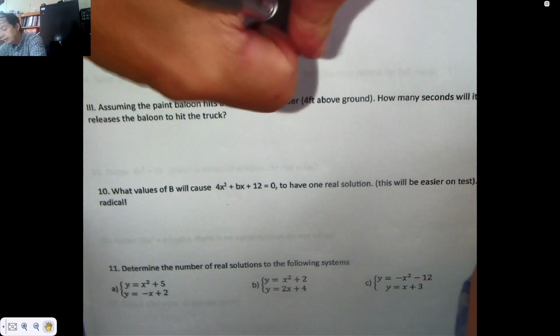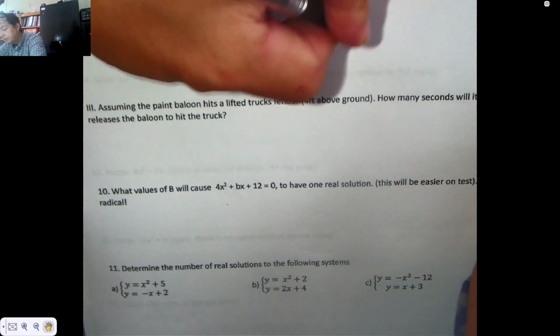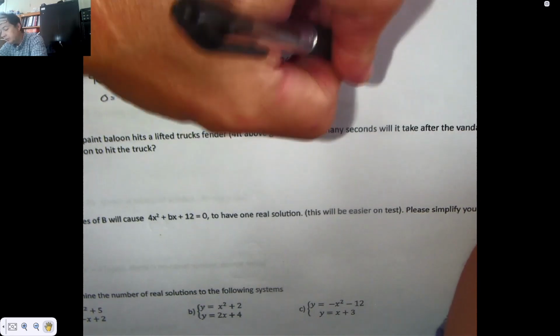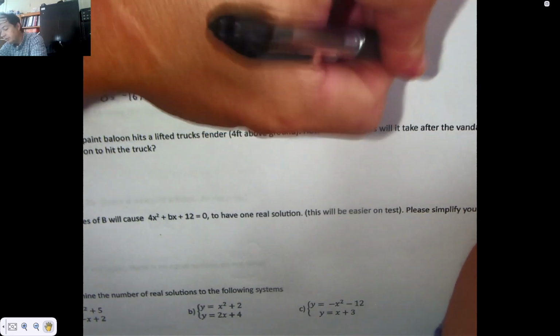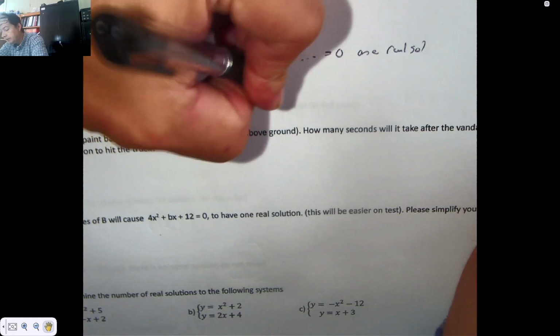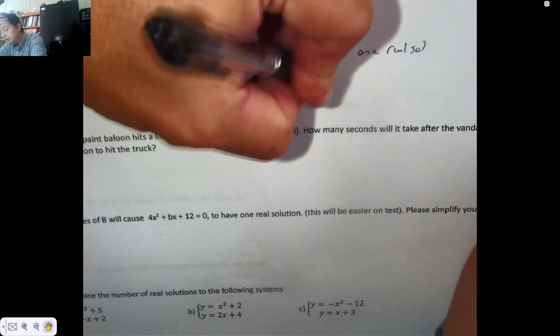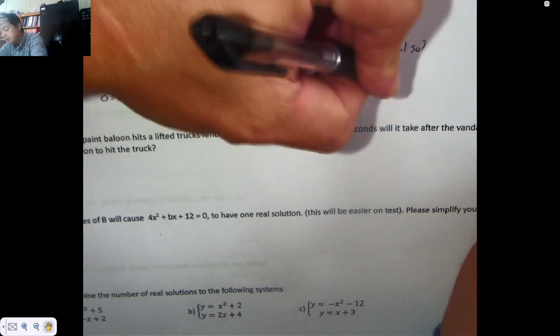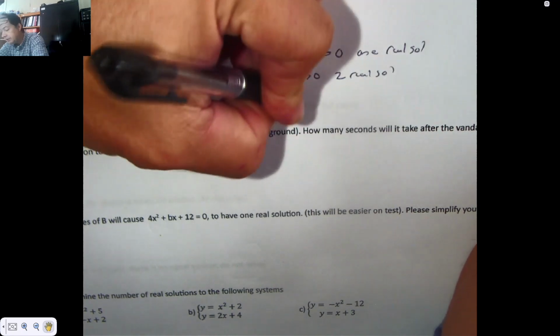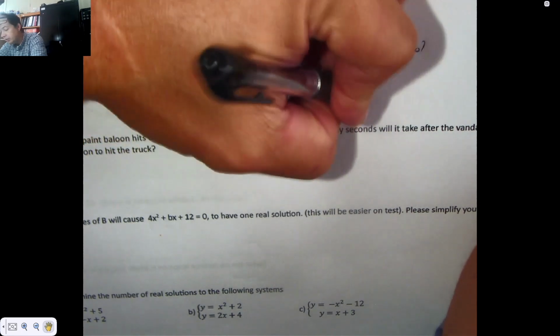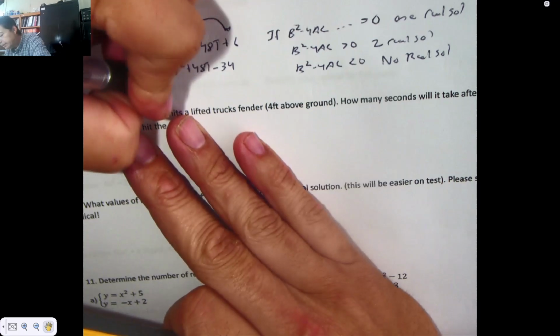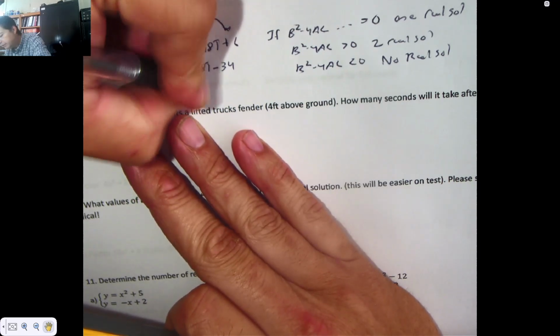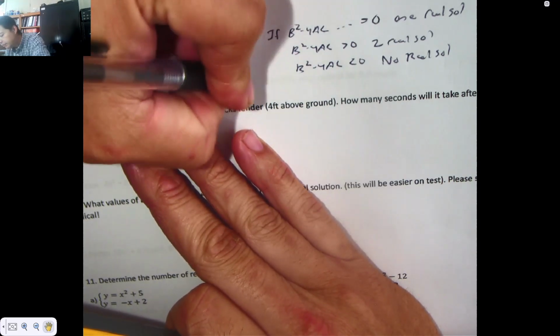And now we're going to think: if b squared minus 4ac equals 0, there is 1 real solution. B squared minus 4ac greater than 0, 2 real solutions. B squared minus 4ac less than 0, no real solutions. That's all we're going to do. So a is negative 16, b is 48, c is negative 34.